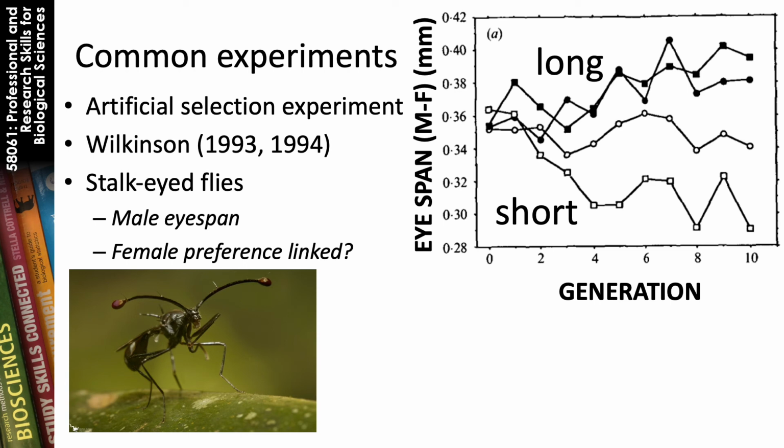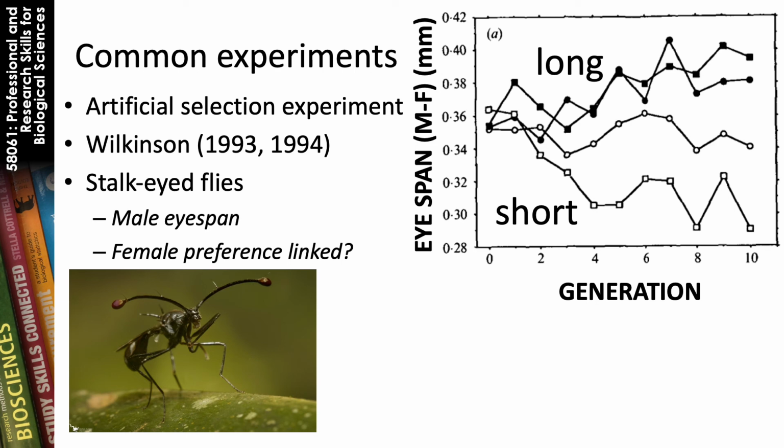And then in another lineage, they chose males to breed which had a shorter eye span. So they didn't do anything with the females. And they obviously were successful because, as you can see, over generations, in the short lines the male eye span got shorter, and in the long lines the male eye span got longer.